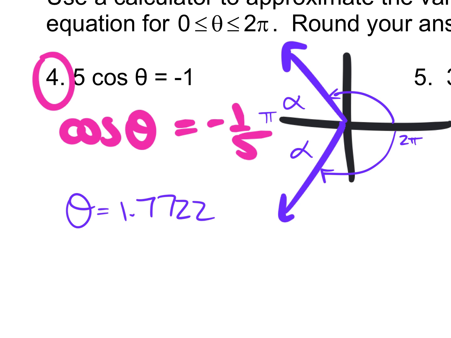As long as you understand what you're doing, I'm good. 2 pi minus that answer gives me my second answer of 4.5110. Now, I will say in the back of my head, I don't memorize a ton of decimals, but I do have in the back of my head that this one is about 1.57, this one's about 3.14, this one's about 4.71, and this one is about 6.28, purely because if you do one minus or plus wrong, which is really easy to do with the decimals, you're going to get an answer that's not in the right quadrant, and that's my first tell that I've done something wrong.